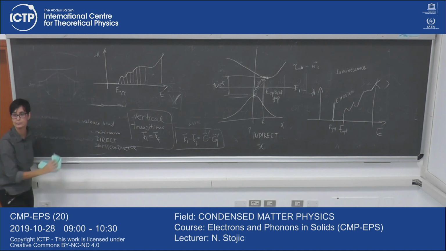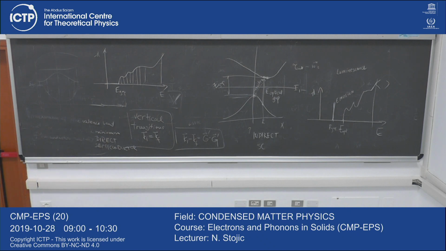And so, what if the E optical was 2 times the E gap or more? Would they emit photons and stay at their places, or would they emit 2 photons and go back? Do they need to go back? This is the question.